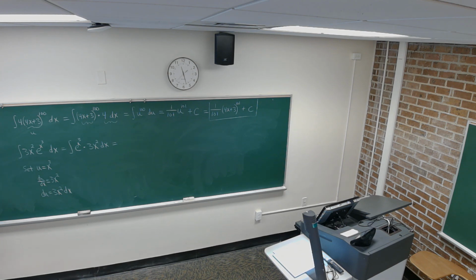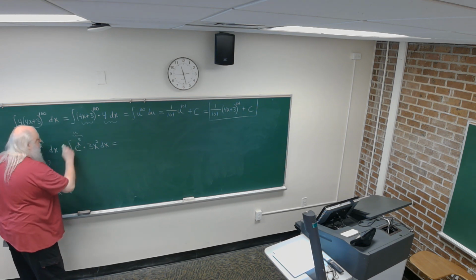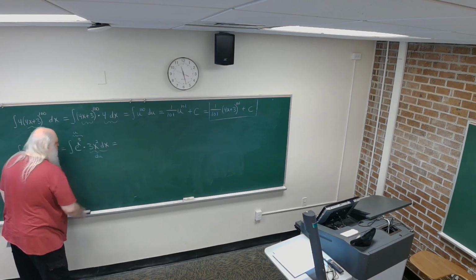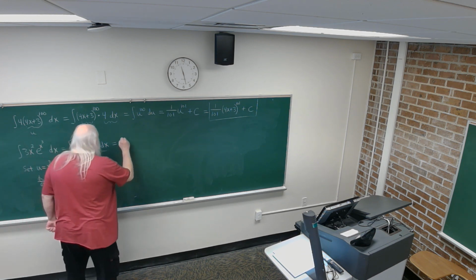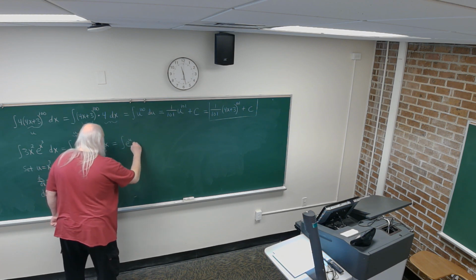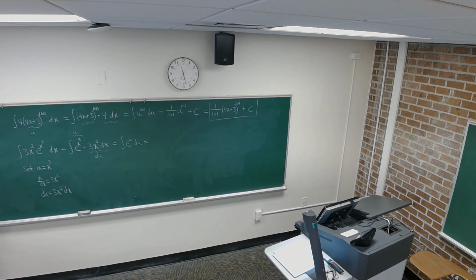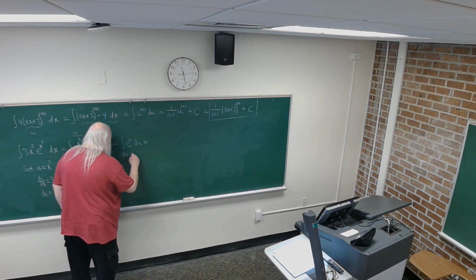So x cubed is equal to u, and 3x squared dx is equal to du. So that antiderivative is equal to the antiderivative of e to the u du. No x's anywhere, right?